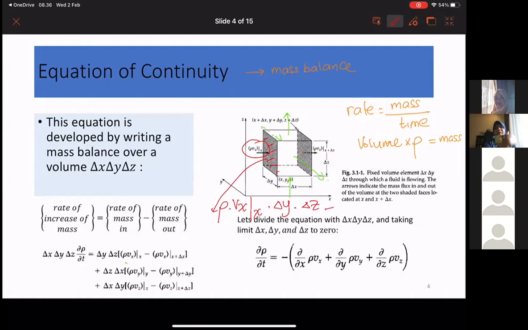So again, rho multiplied with vx at x plus delta x, multiplied with the cross section of the area over here, which is delta y multiplied with delta z.